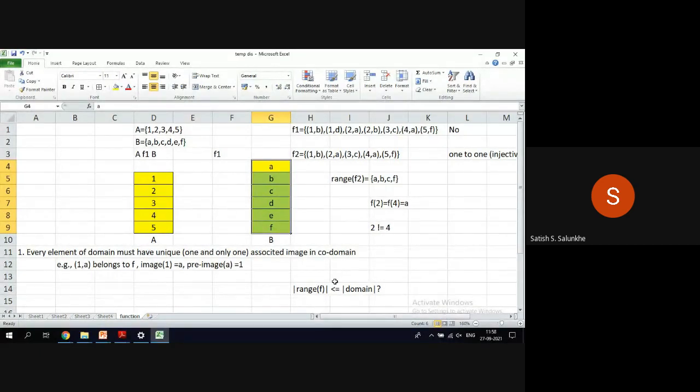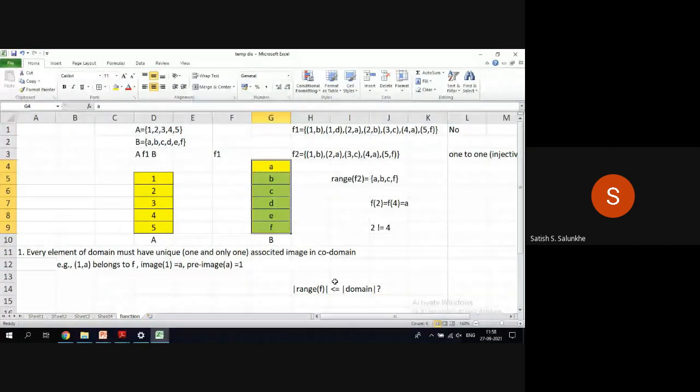Sumit, can you unmute? You need to help Sanket understand when a function is an onto function. So you explain to Sanket when a function is called onto.